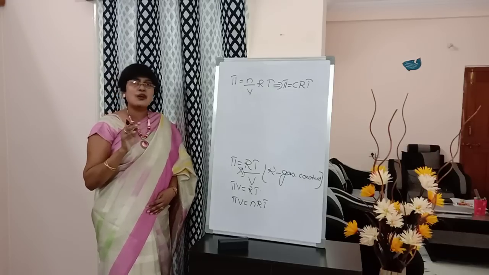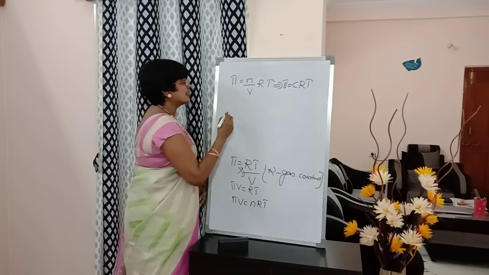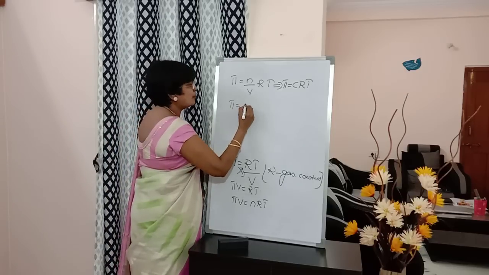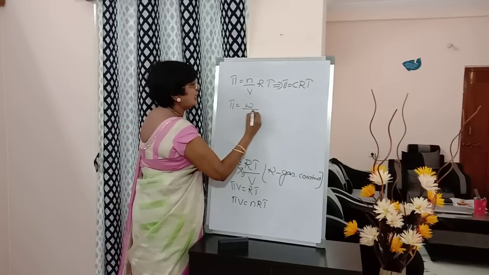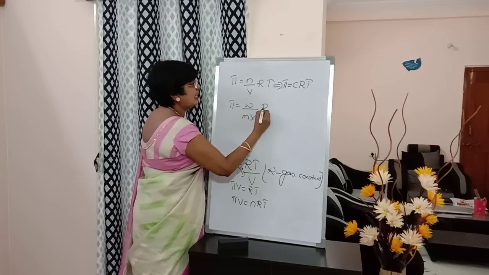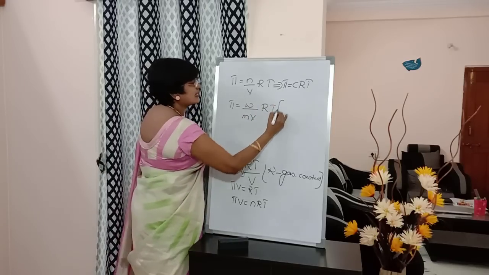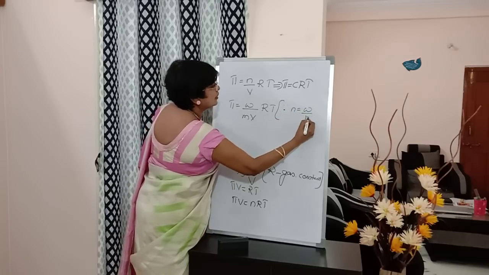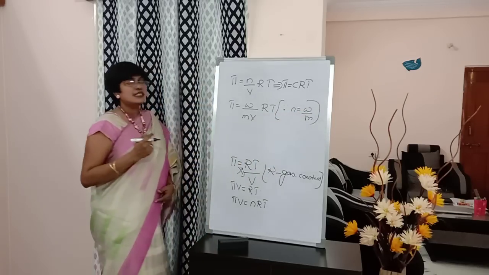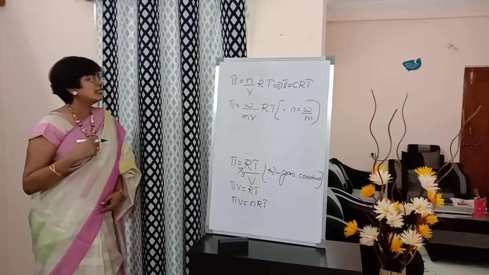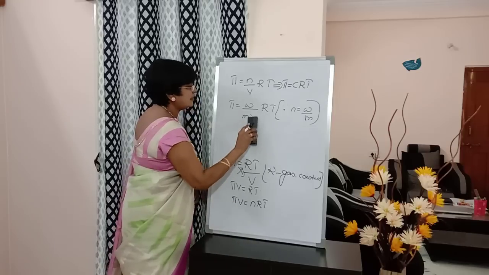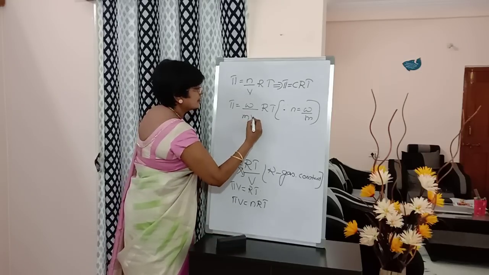Fine. But how do we get number of moles, students? W by M. Very good. Weight by molecular weight. So W by MV RT. In the brackets, write down, students, since n is equal to W by M. Okay, this is V, students, not X. Fine.